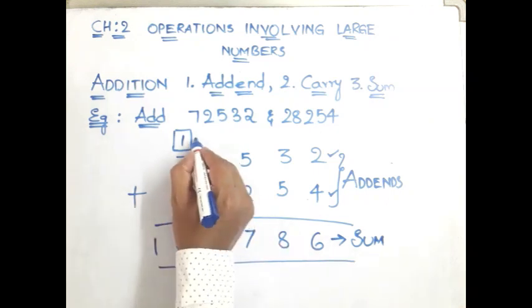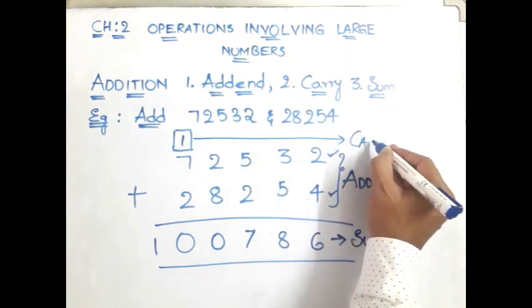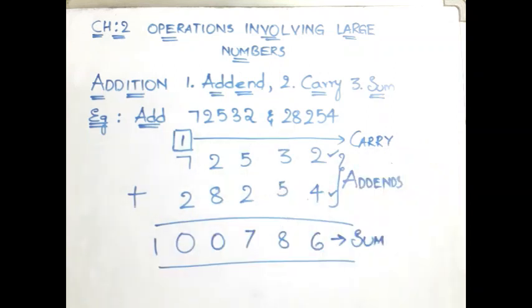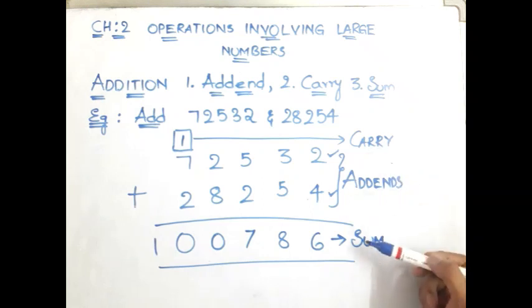As we already discussed, this we call carry. Okay, that means these are the numbers which are carried forward to the other numbers. Okay, these are just examples. Don't copy anything. I will send you a document after the class that will be copied to your CWs. So addends, carry and sum.